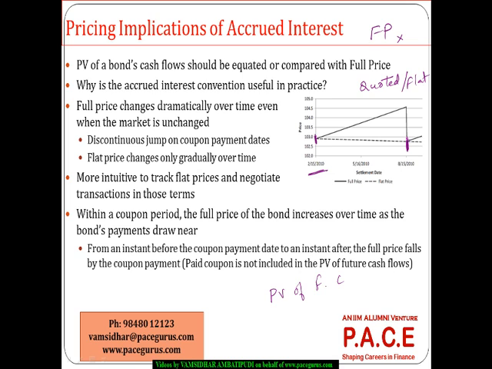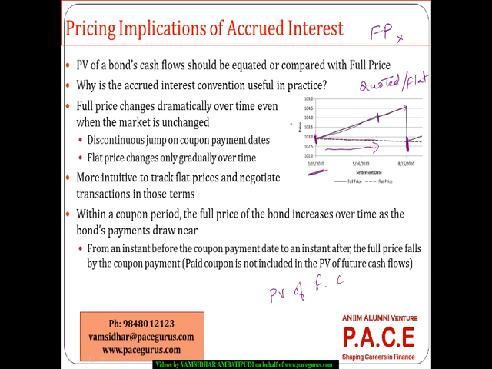In the future cash flows, this is the coupon that is there, and as I am approaching closer and closer, the present value also increases, or in the other sense, the accrued interest also goes up, because the seller is holding it for a longer period. The accrued interest is going up, so the full price of the bond is actually going up. It goes the same way until you reach the coupon payment date.